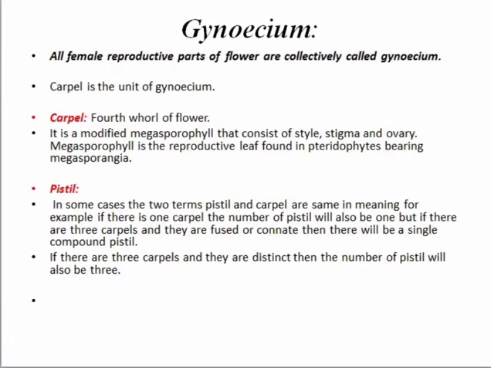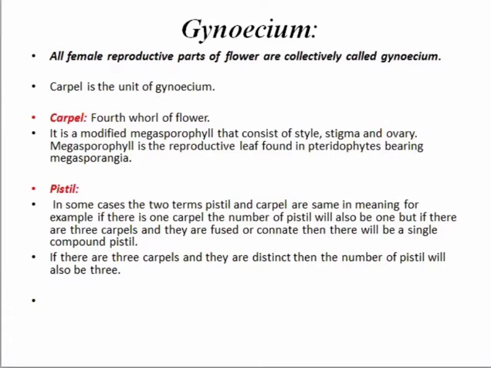They have a specialized leaf known as the megasporophyll, a leaf that bears megasporangia, in which megaspores are produced. So it is believed that the carpel present in today's flower is a modified megasporophyll. It was a megasporophyll, but with the passage of time, it has evolved into the present state.